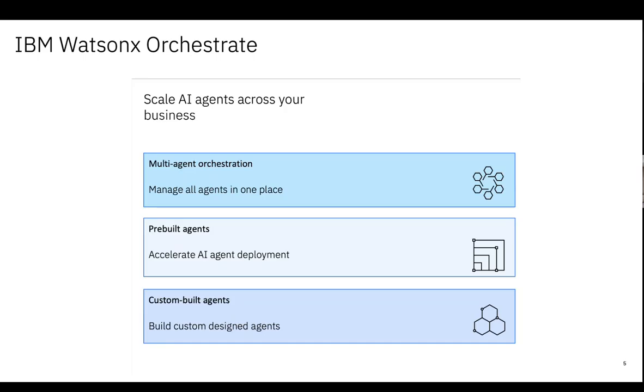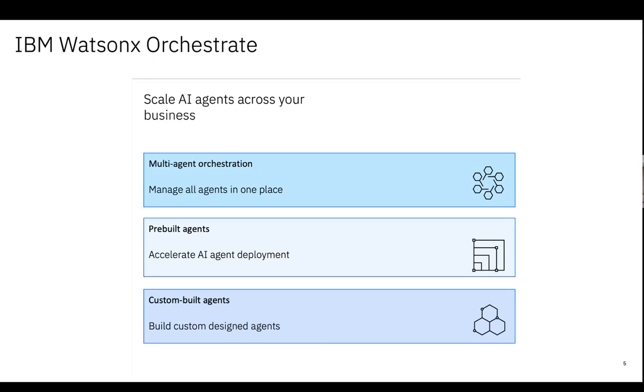So Watson X Orchestrate does three things or provides three things which are more fundamental. At the bottom of it, it allows you to build custom agents that are purpose built for your particular domain or area of expertise. In our context, we can create custom design agents for smart manufacturing.